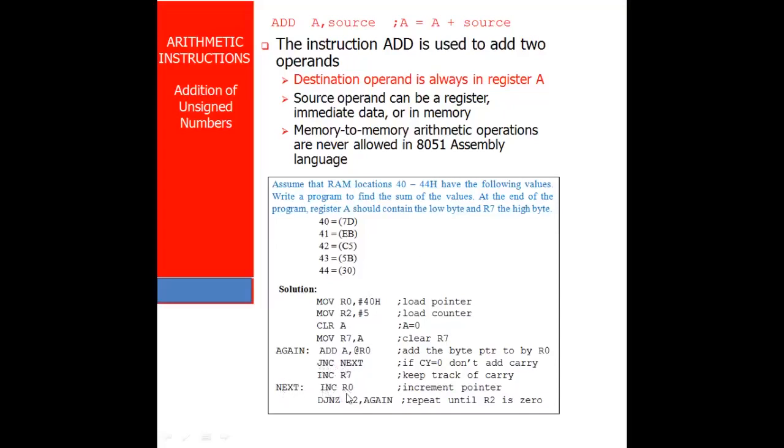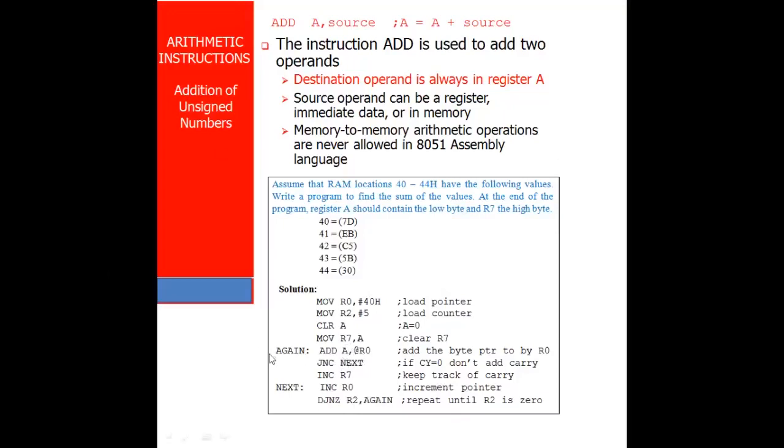Then increment the value of R0, so that it will point to the next location. Then DJNZ R2: R2 will be decremented by 1, and if it is not equal to zero, it will jump again to execute the instruction ADD A, @R0. The next memory location will be accessed and added with the value inside the accumulator, and finally the result will be stored in the accumulator.